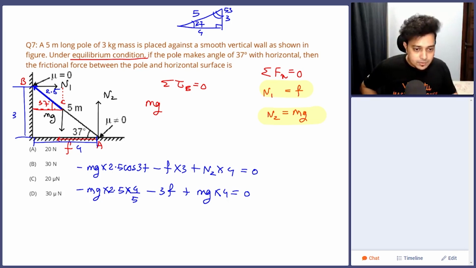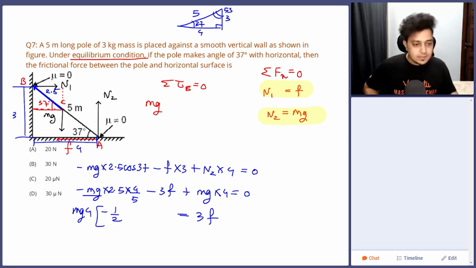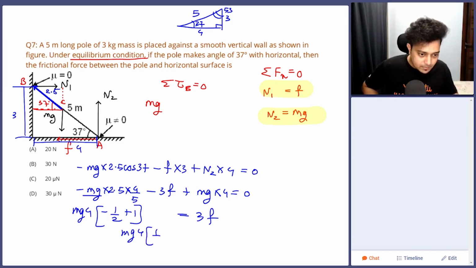Okay, so we can shift this 3F to the other side to become plus 3F. Here we can take mg and 4 common. What do we have after taking mg and 4 common? Here we have minus half, since 2.5 and 5 cancel. And here plus 1. So mg times 4 times half equals 3F.